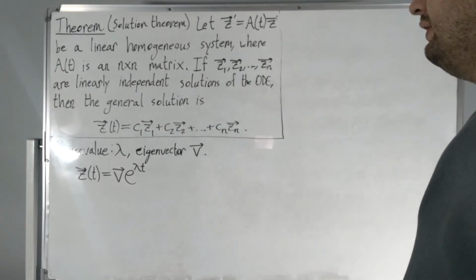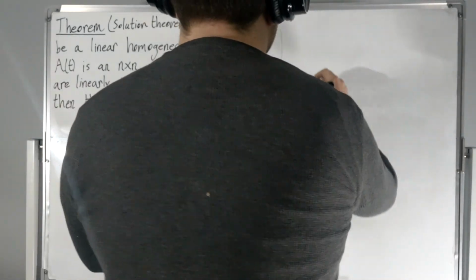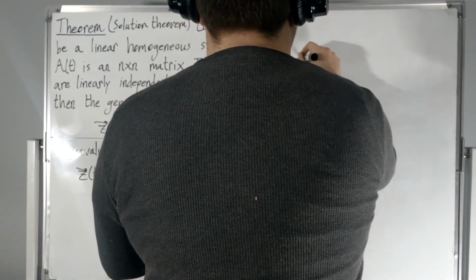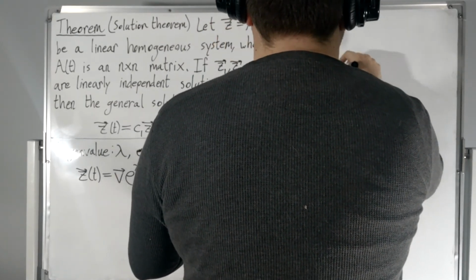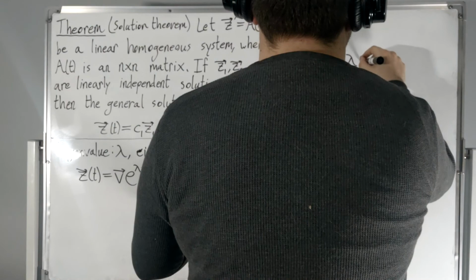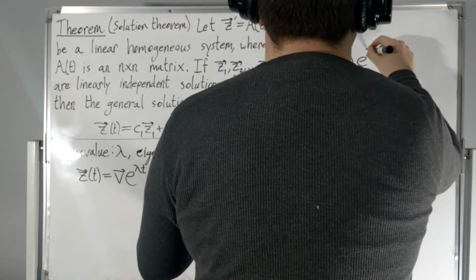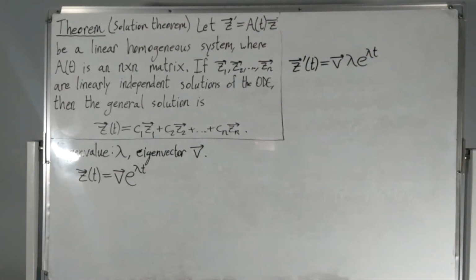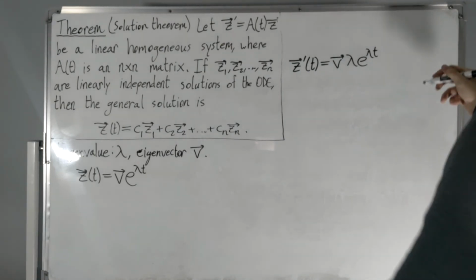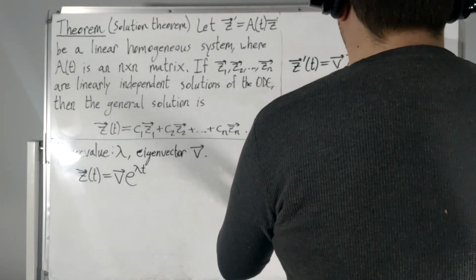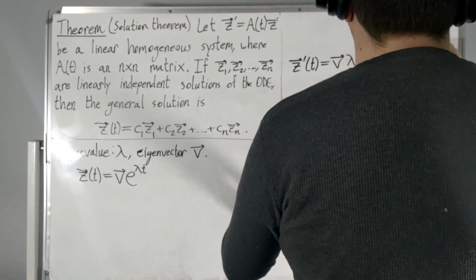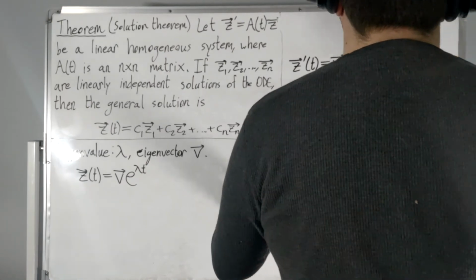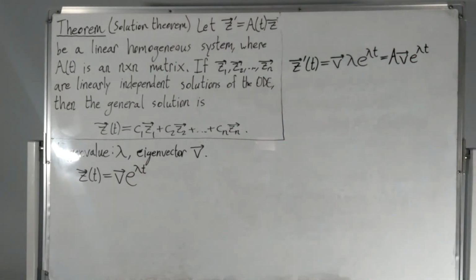Well, let's just take the derivative of that. z vector prime of t is equal to v vector times lambda times e to the lambda t. Now v vector times lambda is A times v, because that's the definition of an eigenvalue and eigenvector.